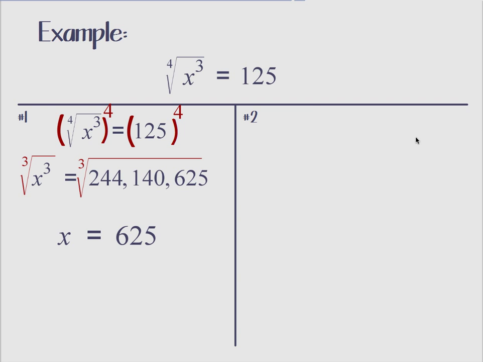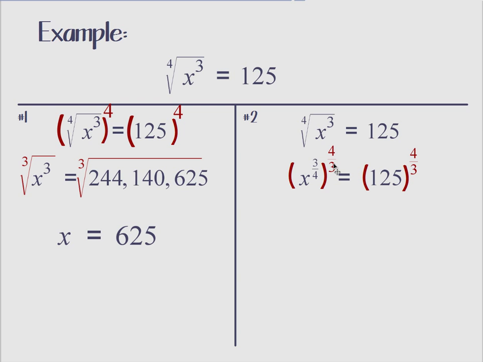The second way to do this is to change my roots and powers into a rational exponent. So the 4th root of x to the 3rd is the same as x to the 3/4 power. I can use its inverse power, or 4/3 power, to solve this equation. Remember to do that to both sides. Take both sides to the 4/3 power.